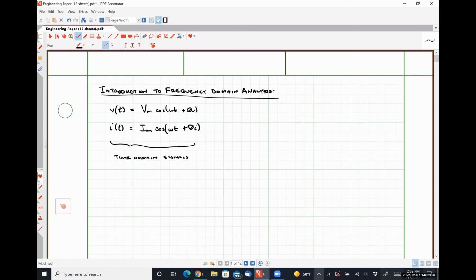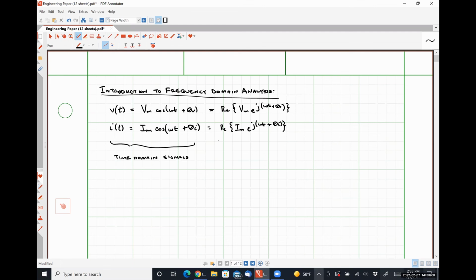Towards the end of that lecture, I showed you all, using Euler's identity, that those time domain signals were simply the real part of the following complex signals: Vm e to the j omega t plus theta v, and Im e to the j omega t plus theta i.